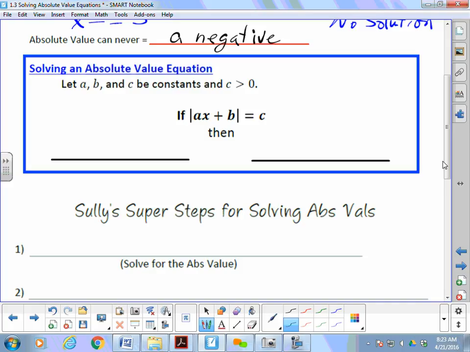So then ax plus b must equal positive c, and ax plus b would equal what? Negative c. Because it could be a positive number or it could be a negative number.